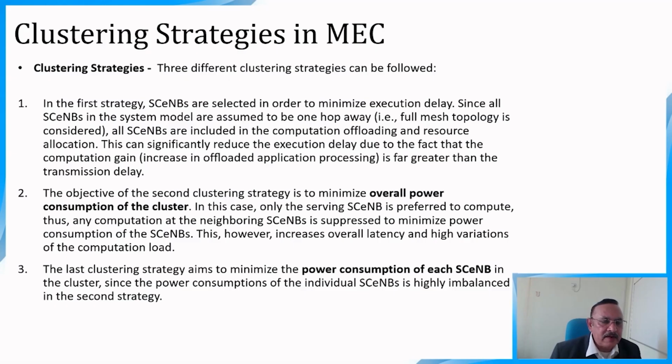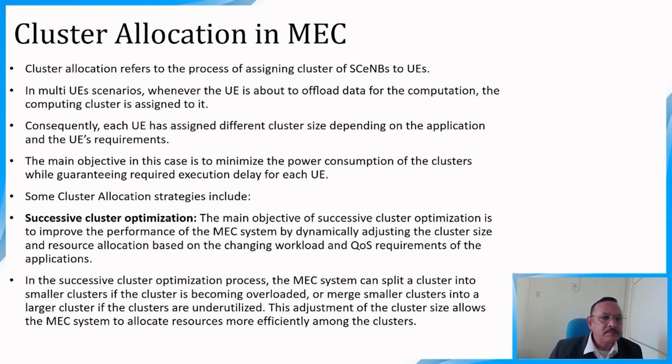The last clustering strategy aims to minimize the power consumption of each SCENB in the cluster, since the power consumption in the individual SCENBs is highly imbalanced in the second strategy. Now, cluster allocation in MEC. Cluster allocation refers to the process of assigning clusters of SCENBs to UEs.